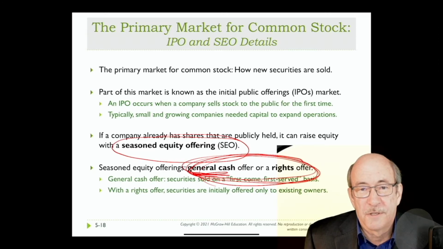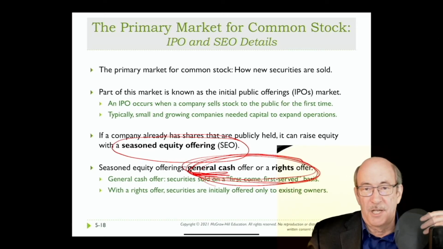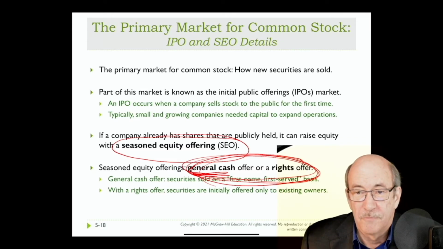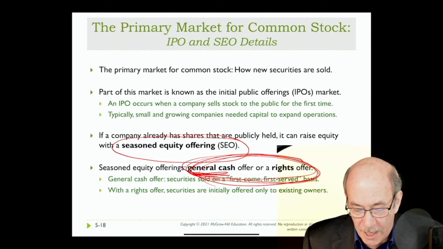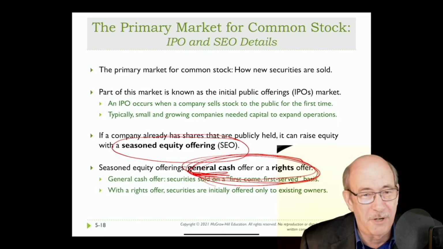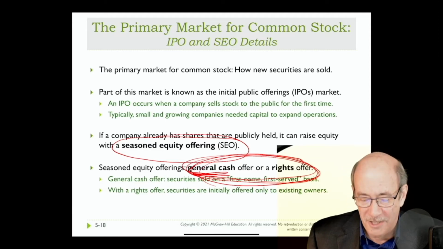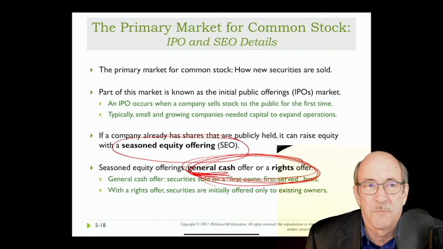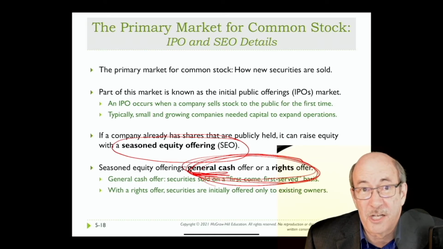So we take out a big ad and say, hey, we're selling additional shares of IBM or Apple or whatever, Ethereum. Actually, Ethereum is another thing we'll touch on. They might do an ICO, right? Nevertheless, they take out an ad. It's public. Anybody can subscribe to this issue. They may get an allocation, in which case they buy it. If they don't get an allocation, they can still buy it in the secondary market.